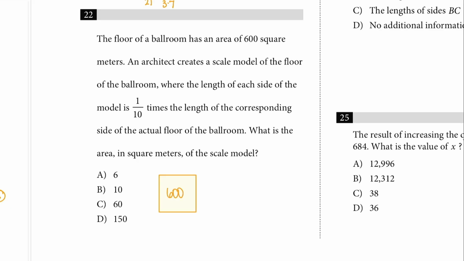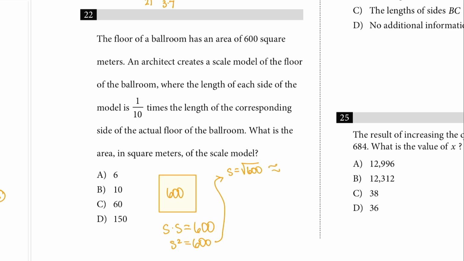Now, the easiest shape is to assume that this is a square, and we can just work out the math this way so that it will work out a little bit nicer. So the area is found by multiplying the side times the side. In this case, we would have side squared equals 600, which means that the side length would be the square root of 600, and we can plug this into a calculator.